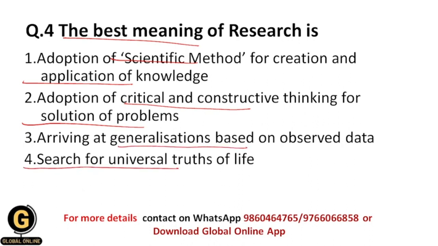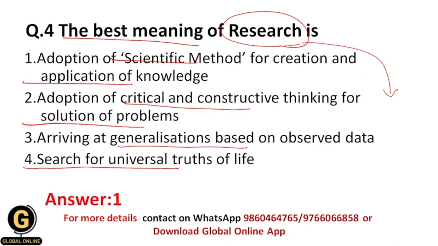So basically students, as we have seen in this video, research is a systematic way to solve a specific problem, right? And that's why research adopts a scientific method, and based on that method in research we can create and apply our knowledge, so that we can solve that specific problem. And that's why the best meaning of research is this: adoption of scientific method for creation and application of knowledge.